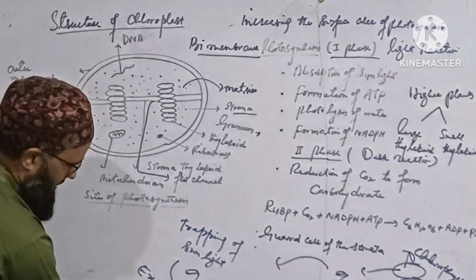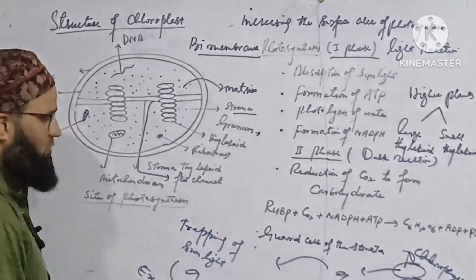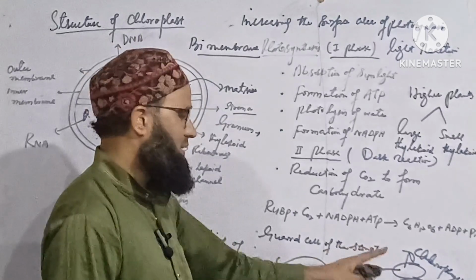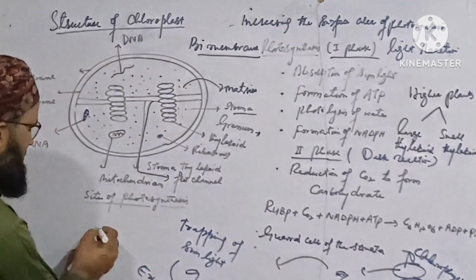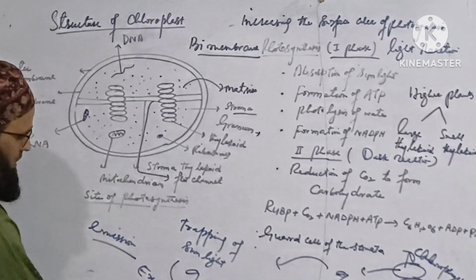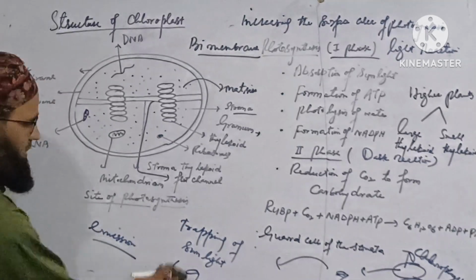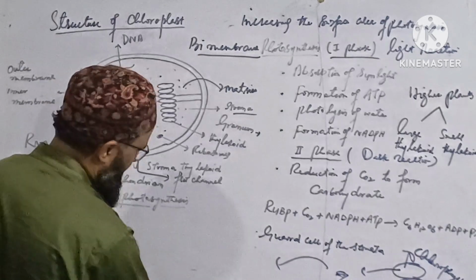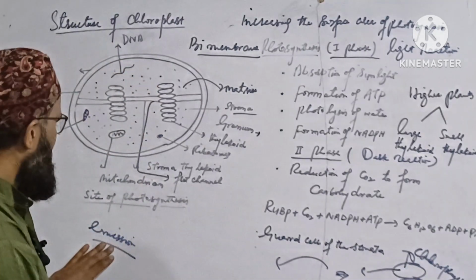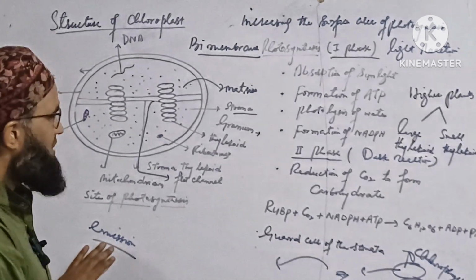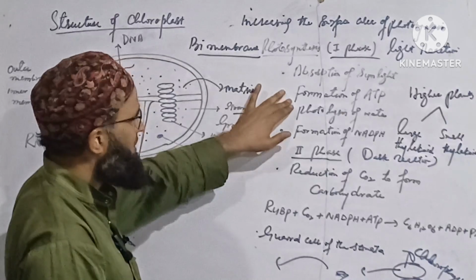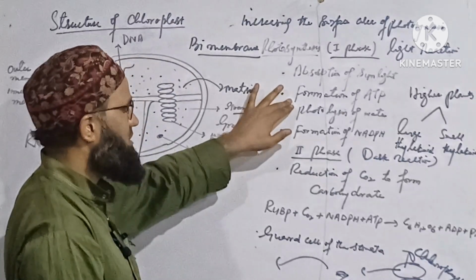The chlorophyll gets excited, and there is the emission of electrons. When there is the emission of electrons, those electrons are very helpful in the second step of the first phase of photosynthesis.